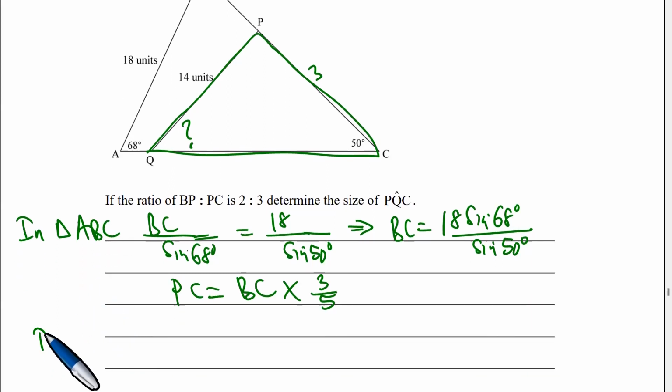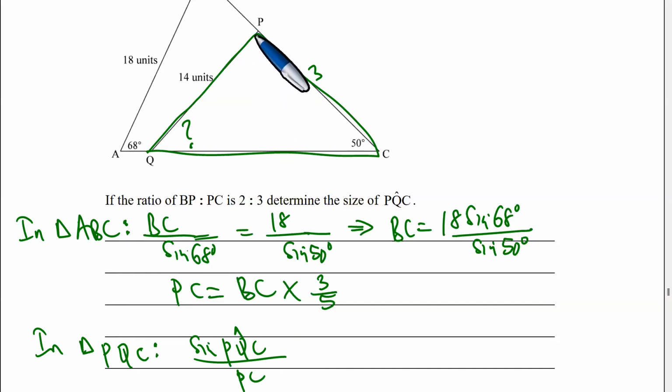Now we're going to work in triangle PQC. So what is the answer? The sine of PQC divided by PC is equal to the sine of 50 degrees divided by 14.